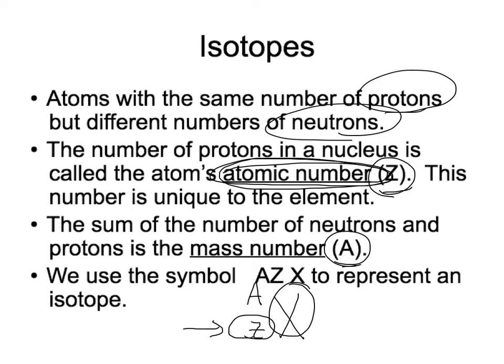And then A, we put that particular isotope's mass number, which would be the number of protons plus the number of neutrons. So if we took A minus Z, we would know the number of neutrons in that particular isotope.